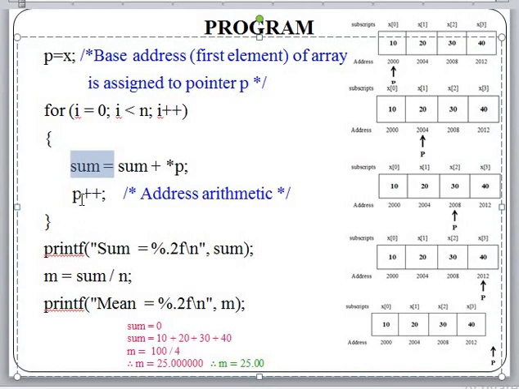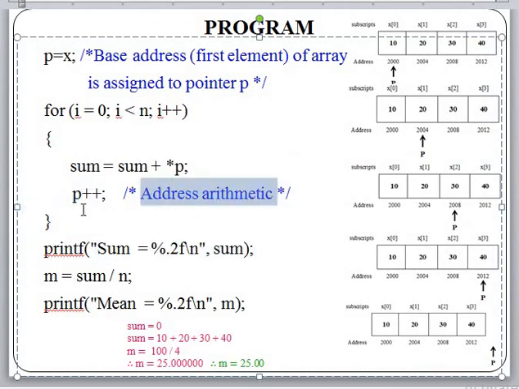And then it will increment the pointer by p plus plus. Currently p is pointing to 2000. Normally p plus plus means p equal to p plus 1, that is incrementing the value of p by 1. But since p is a pointer, we are doing address arithmetic.